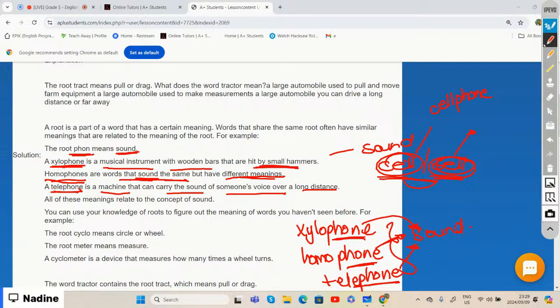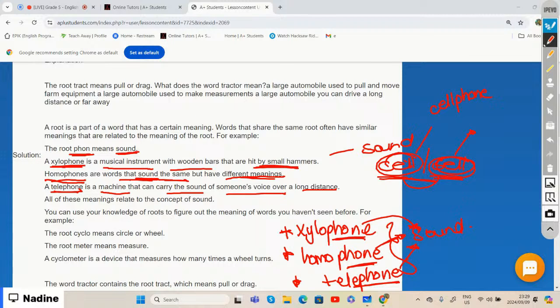The root word phon is a part of a word that has a certain meaning. Phon has a meaning that's to do with sound. Phon shares that root with three different words or more, and all the words that we just mentioned have similar meanings.